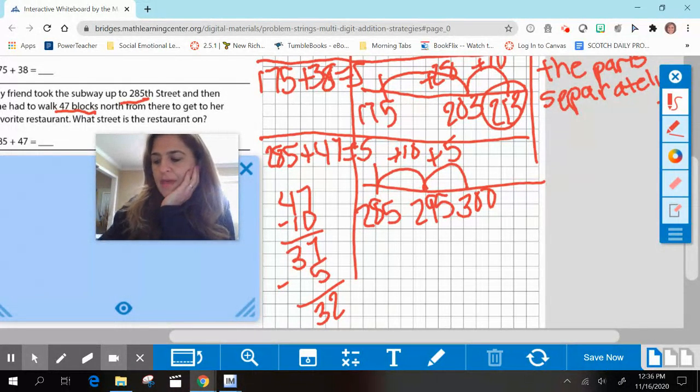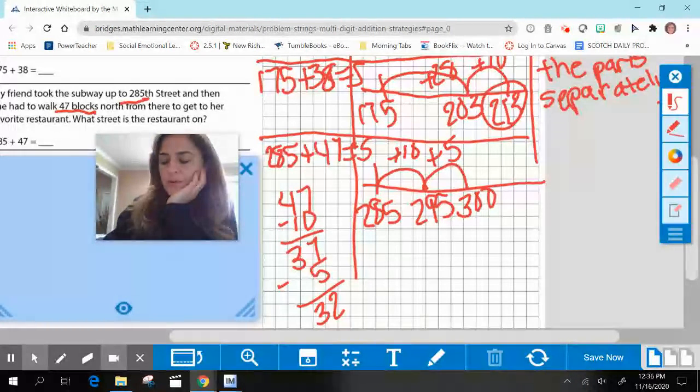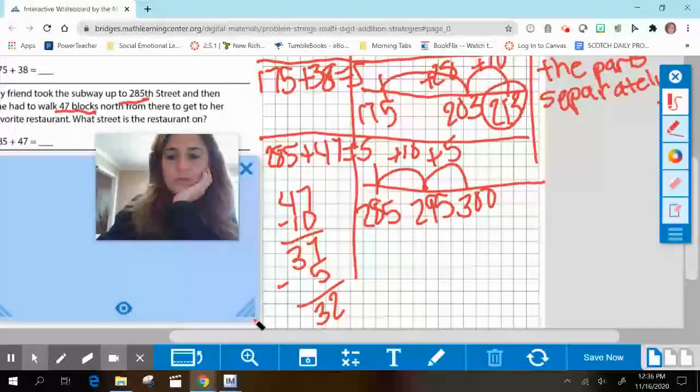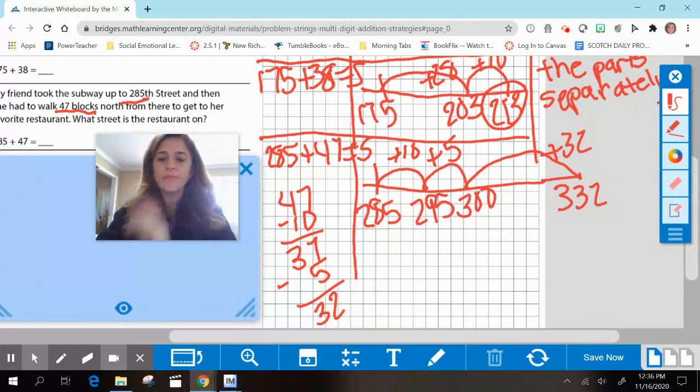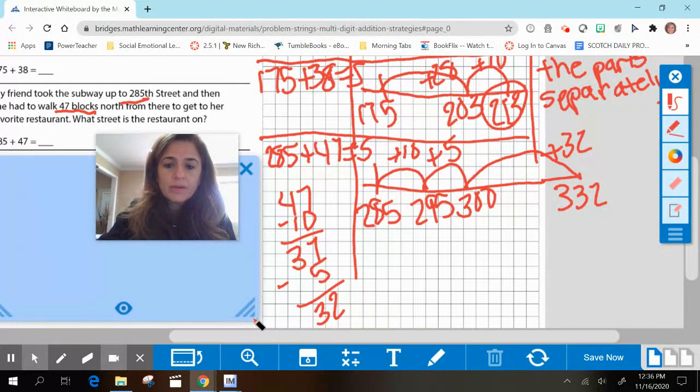I know that 300 plus 32 gives me 332. So, fourth graders, do you see how I went to a friendly number and then added the rest?